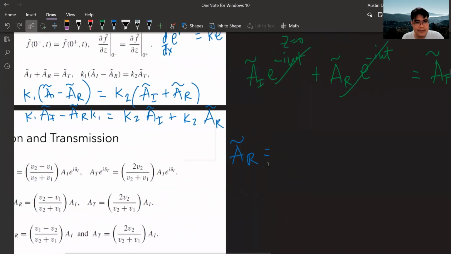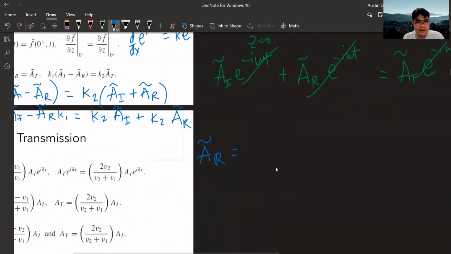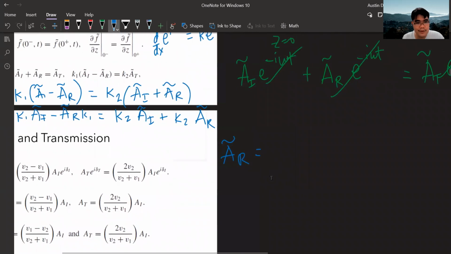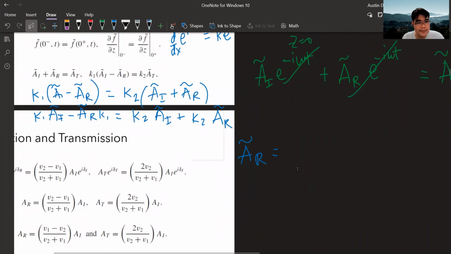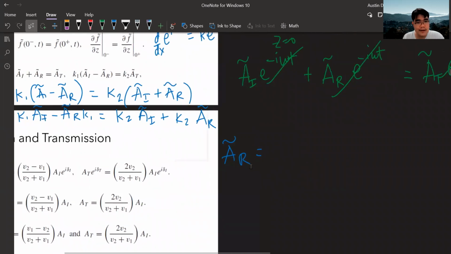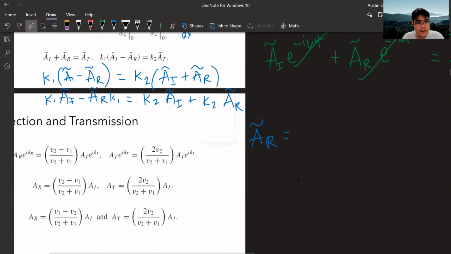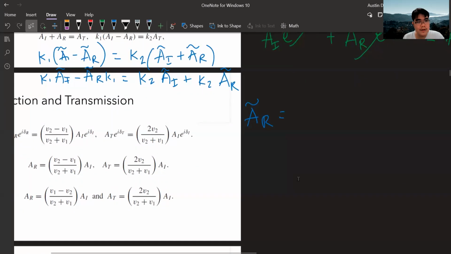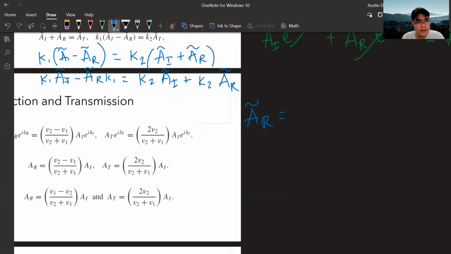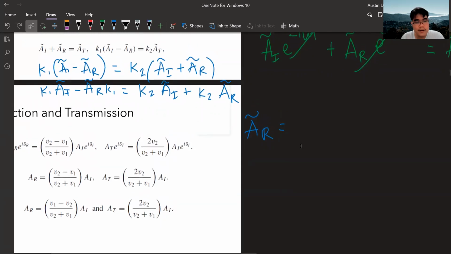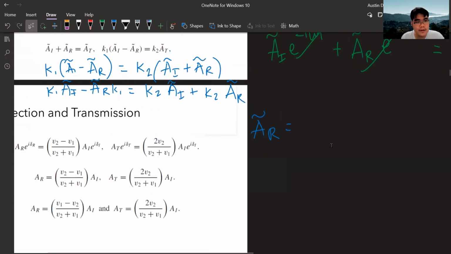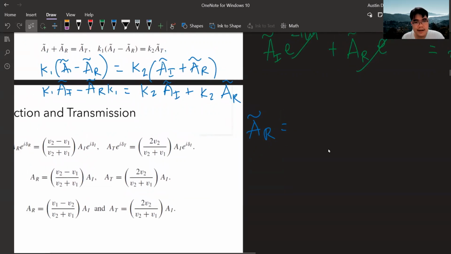AR, tapos ang nasa taas na term would be K2 minus AI, okay. Naka-K pa siya. Ang pangit talaga ng K.